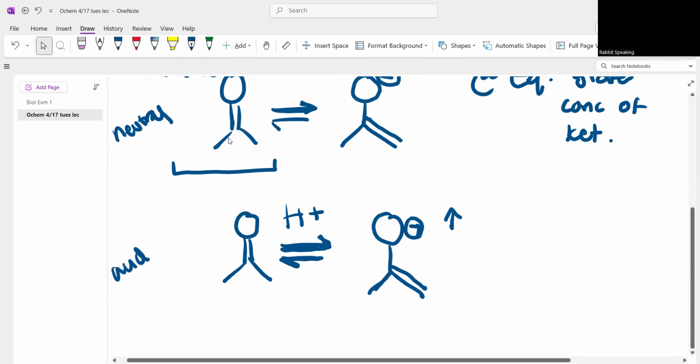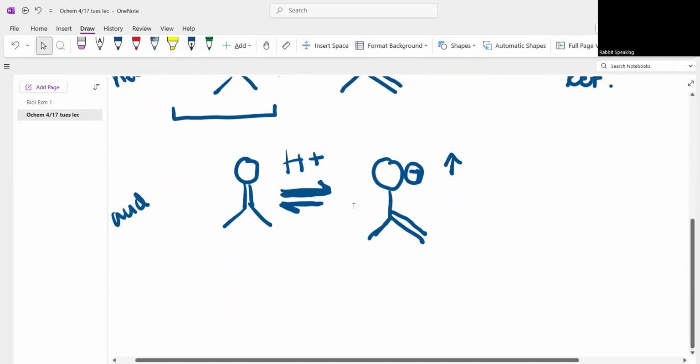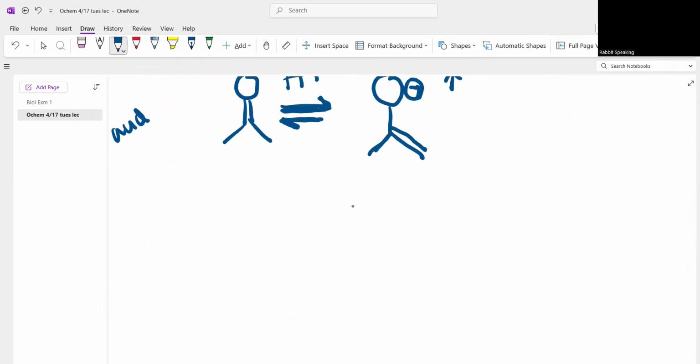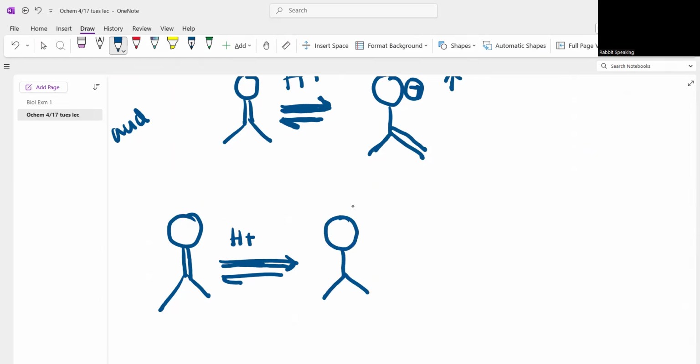But the thing about basic conditions, okay, let's actually first do a reaction here. I'm going to add some bromine. We start with our ketone, acetone. In acidic conditions, you can get the enolate form. Remember, the "ate" stands for negative things.